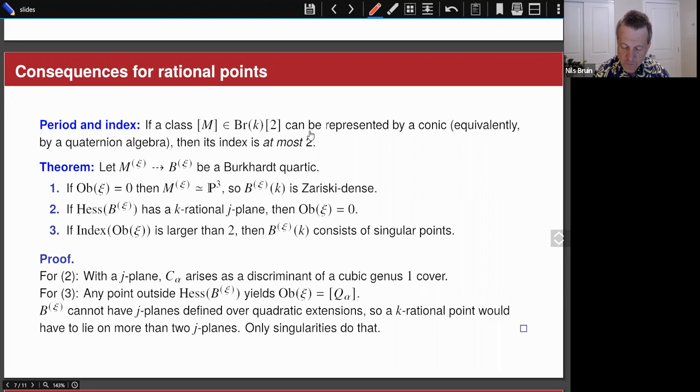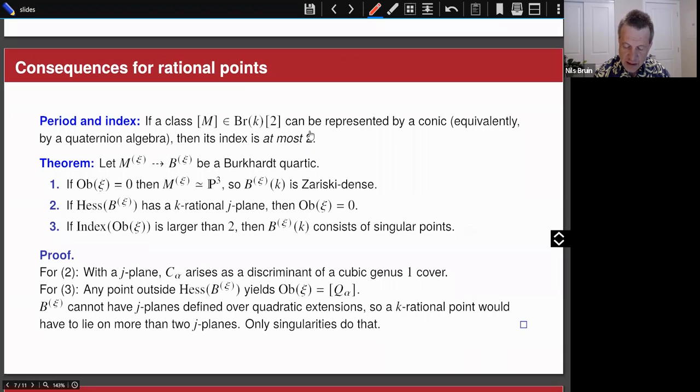So here we have a bunch of results that relate properties of rational points to whether the obstruction is trivial or not. So if you have trivial obstruction, then your variety is unirational. So you have plenty of rational points. There's a Zariski dense set.